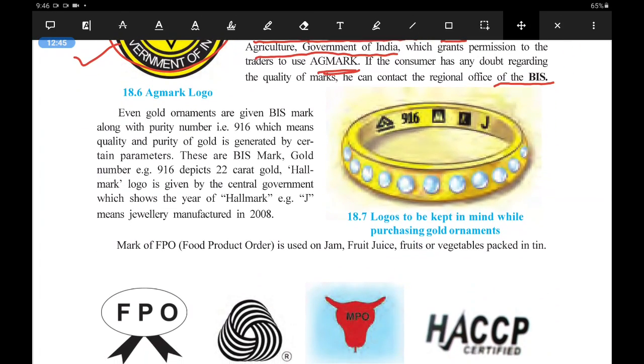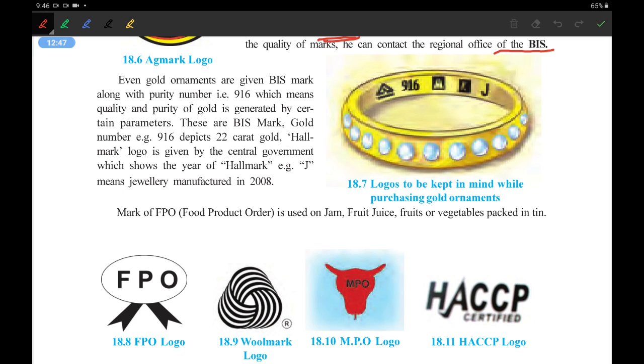Now, when you go for gold or something like that, even gold ornaments are given the BIS mark along with purity. Okay, in gold, purity is very important. So 916 means pure quality, and purity of the gold is as per the government parameters, right? So 916 is the good gold, you can say. This is the BIS mark. Gold number 916 depicts 22 karat gold.